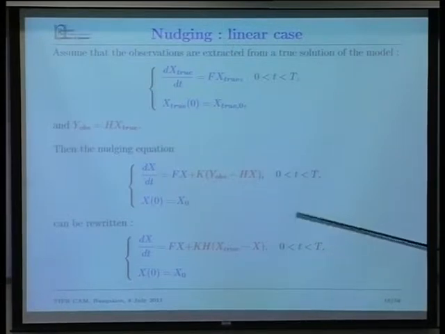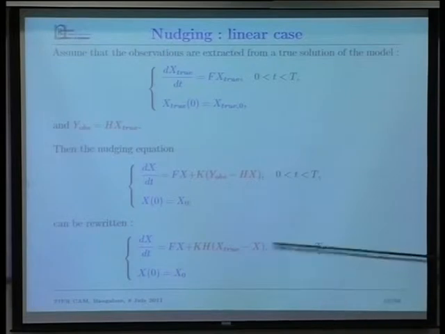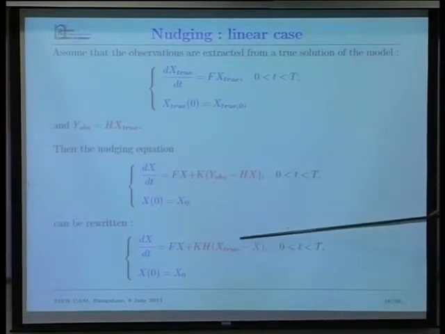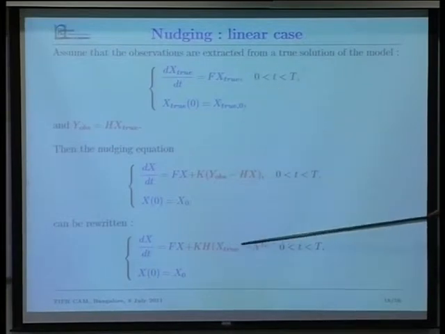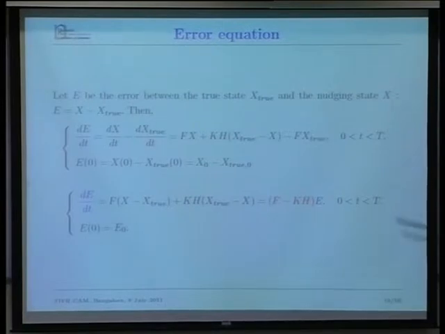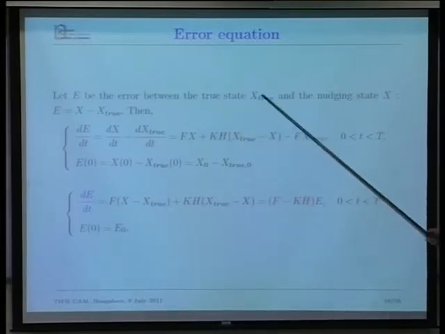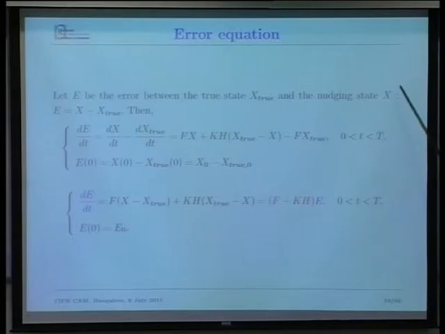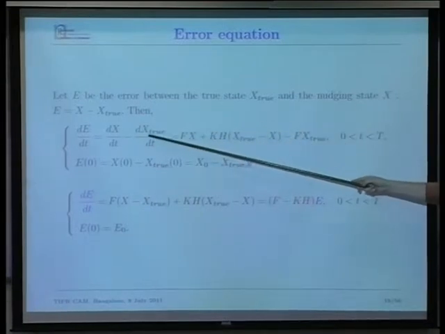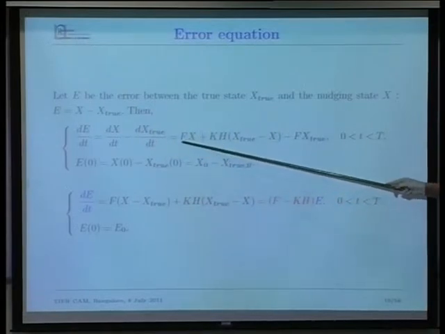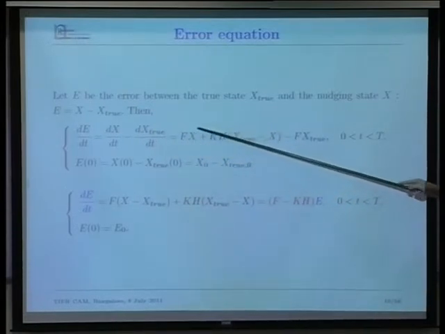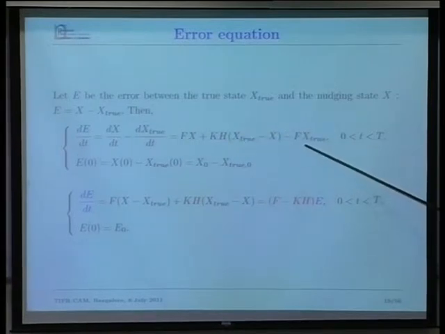So we will take the difference between these two equations and look at the error between X true and the nudging state X. The difference between dx/dt and dx true/dt is this part: this is the equation of x, and this part is the equation of x true.